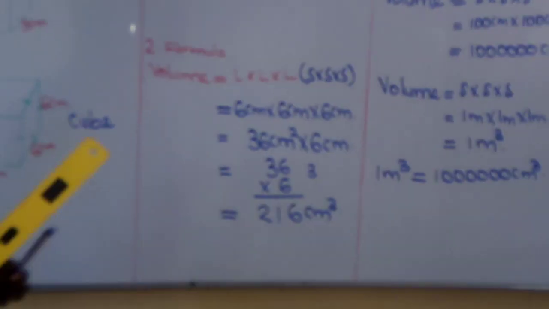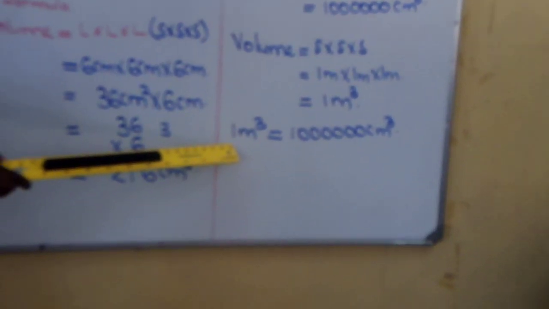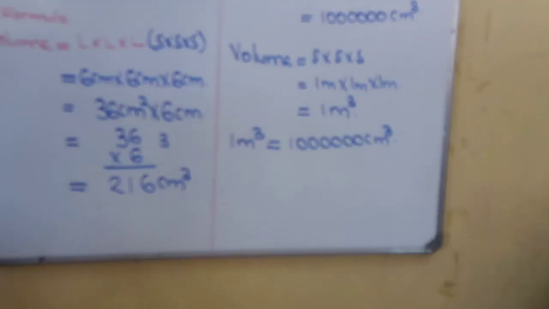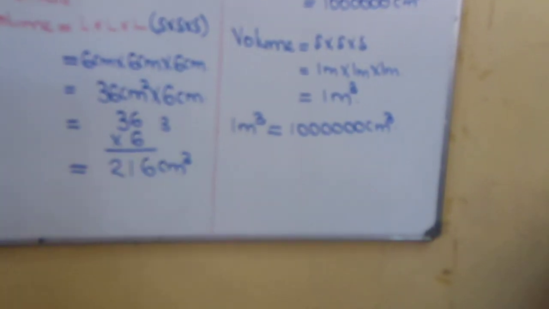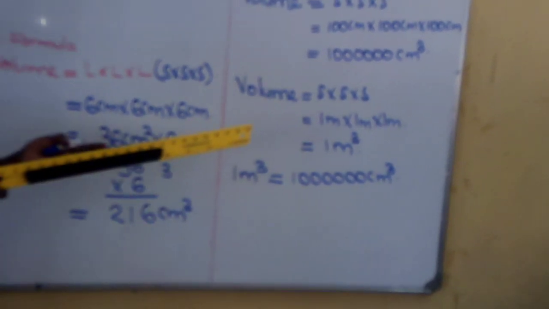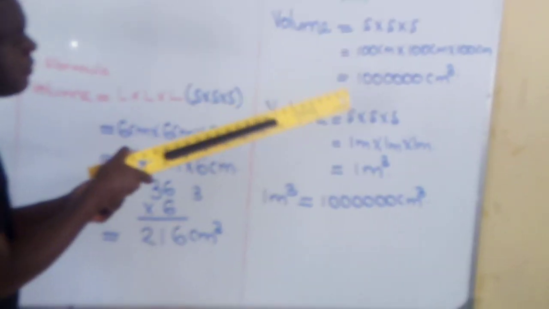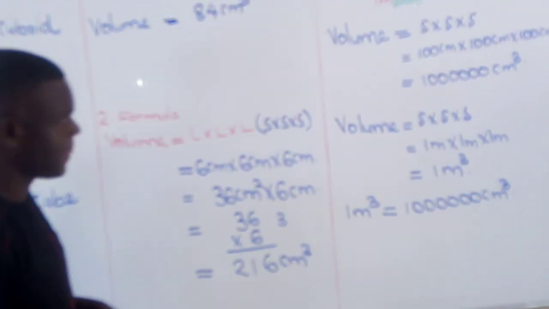We repeat, class. 1 cubic meter is equal to 1 million cubic centimeters. That's what we can deduce from the relationship of the two volumes that we got of the same diagram.